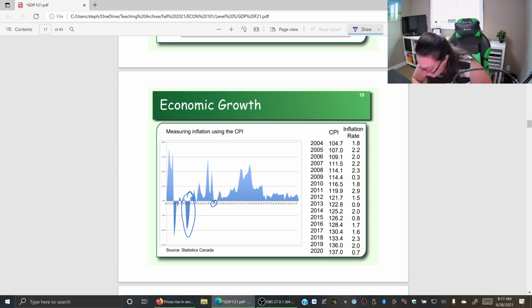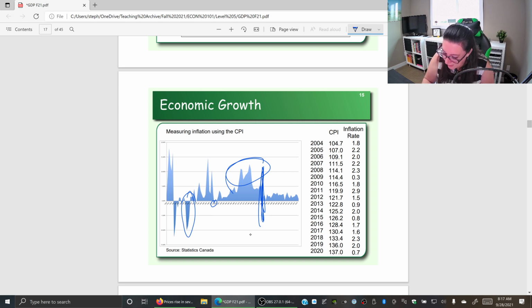We can see periods of high inflation. Remember we talked about this 1970s. You can see that there. What do we call that period in the 1970s? With high unemployment and high inflation, call it stagflation. Okay. Now in Canada, since 1991, so let's find 1991-ish here. Here's 1991. Notice that there's a lot less variability in inflation.